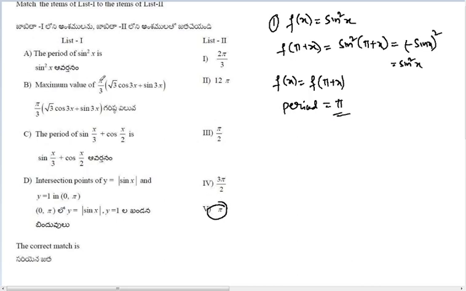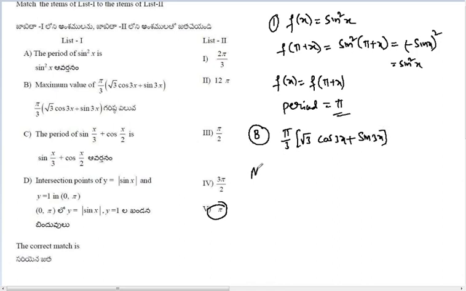And the maximum value of second one B. Maximum value of pi by 3 into root 3 cos 3x plus sin 3x.